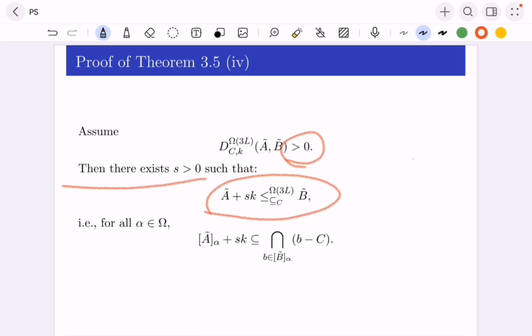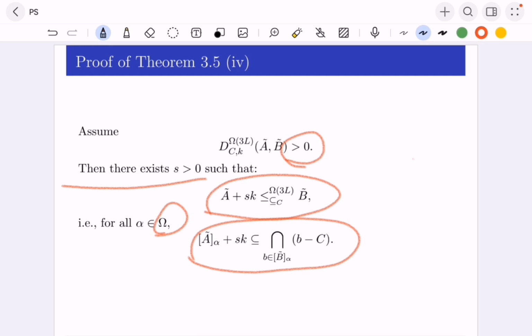So this condition implies that for every alpha in the domain omega, we have this inequality. So here we are now looking at the alpha cuts of the fuzzy sets.